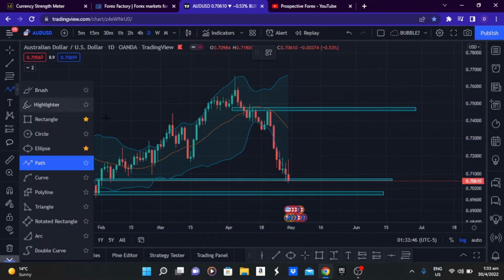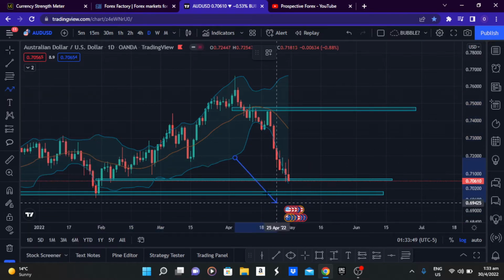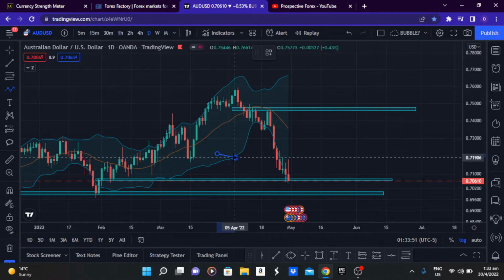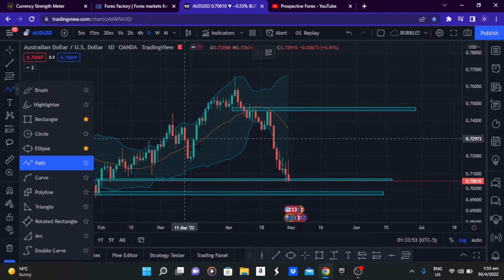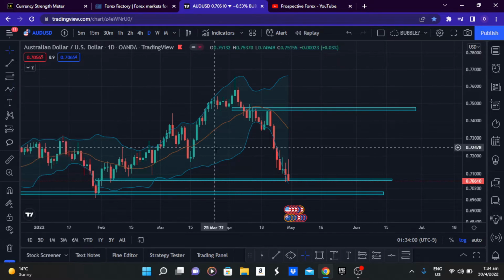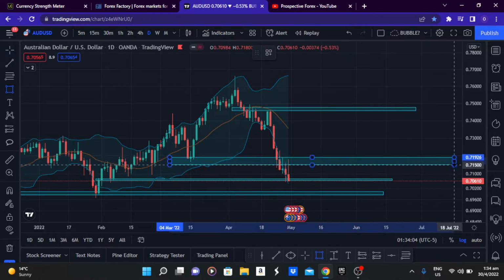Let me just get that here. Price to tap into this level, which it did. It did tap into this level here. Let me just put the line for you.